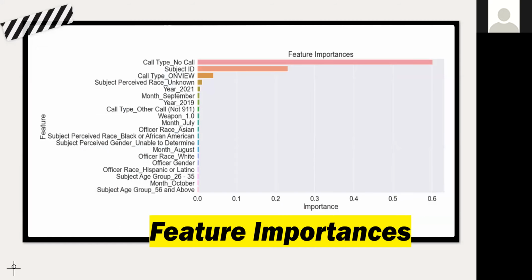Looking at what's most important in predicting whether a stop results in police action, we can see far and away this call type, no call, and subject ID, which is whether or not the subject provided identification to the officer when asked, are the most important features.